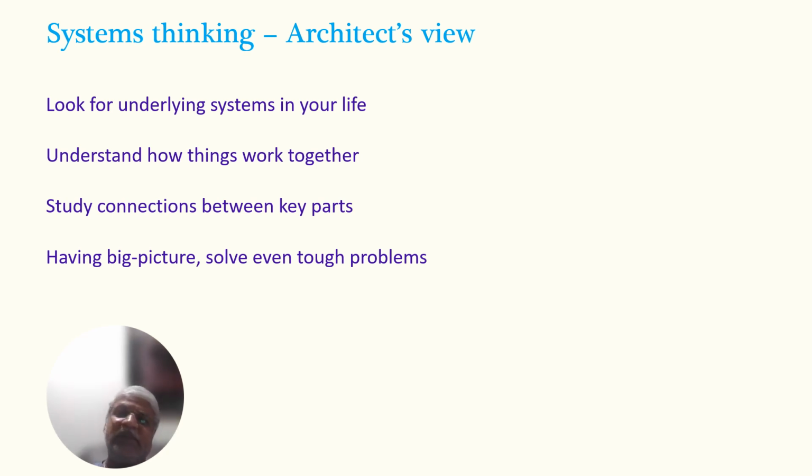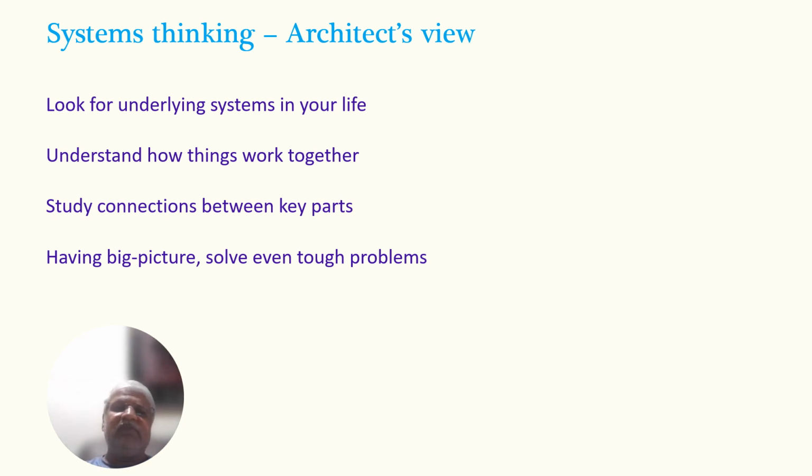There are so many sub parts. All those sub parts, how they work and how they are connected together, how the bigger picture has a role in connecting various subparts, how the communication needs to be taken care of. All these things we need to be aware of.